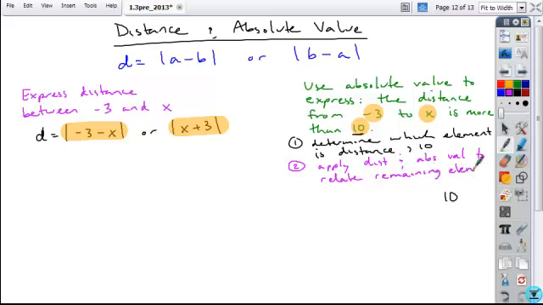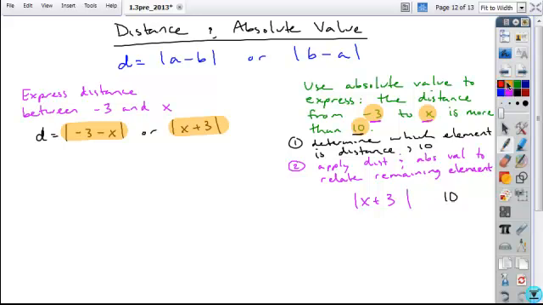The remaining elements are going to be the coordinates, so now we're looking at -3 and x. We're going to take the absolute value of either x minus -3 or -3 minus x. It doesn't matter which way you put it. I'll usually write the x's first, or the variable first, if given the opportunity.